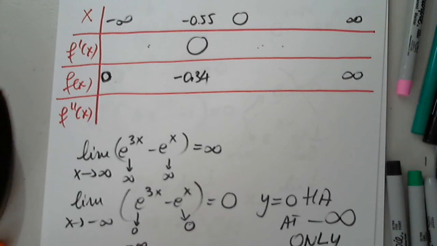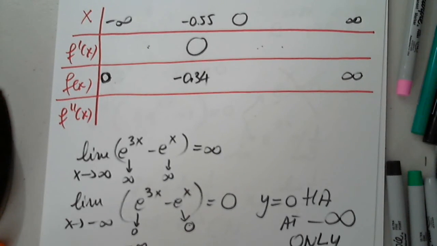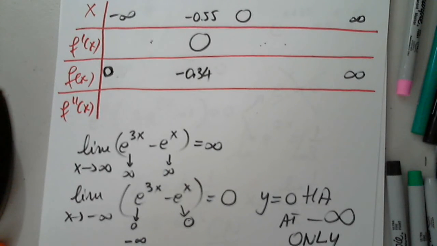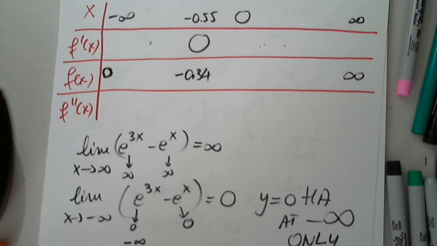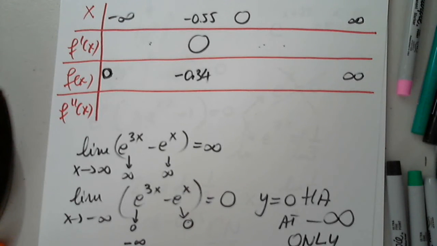As the second function, y2, I have 3e to the 3x minus e to the x. Okay, so you can de-highlight this one if you'd like and work with the derivative only.